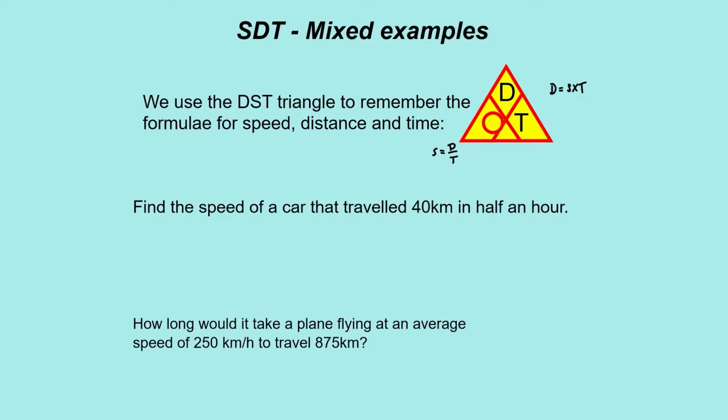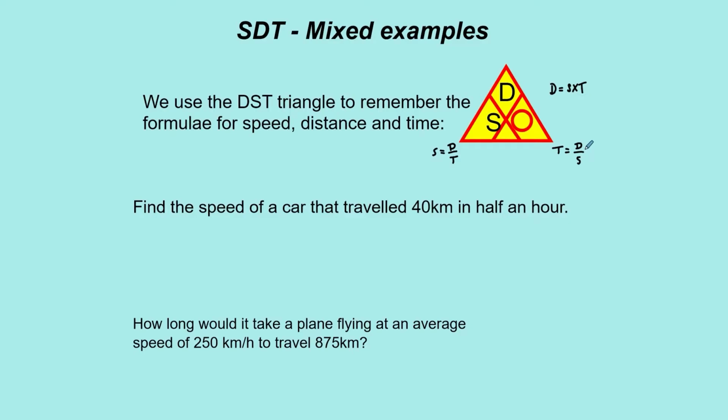And lastly, if we want to find time, we cover up time, and that leaves time equals distance over speed. Now these are the three formulas that you need to know. Pretty straightforward, they're all linked to each other, and the distance, speed, time triangle helps remember that.